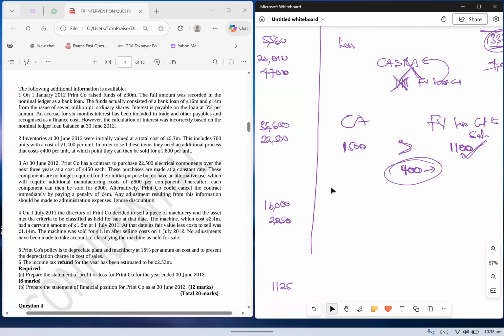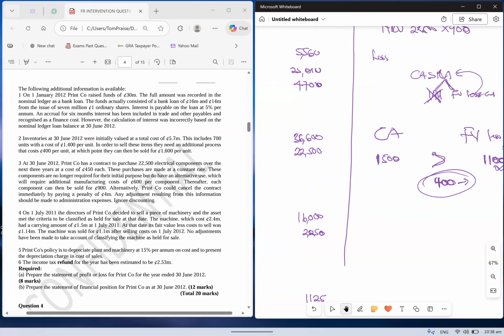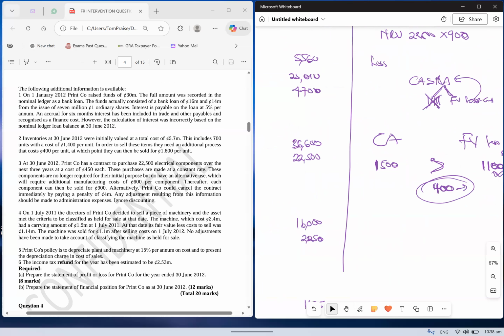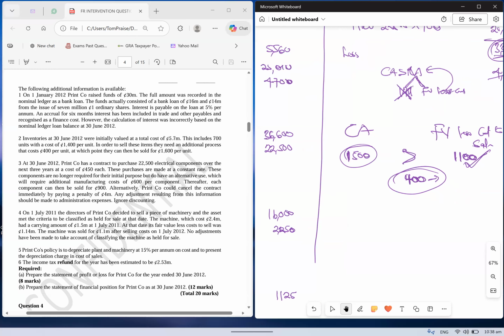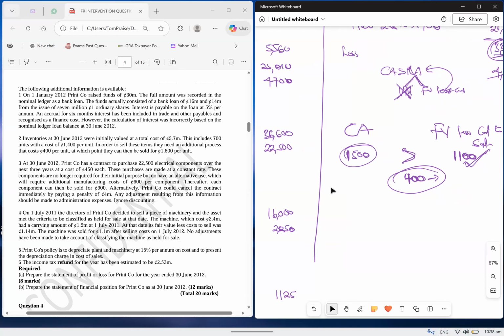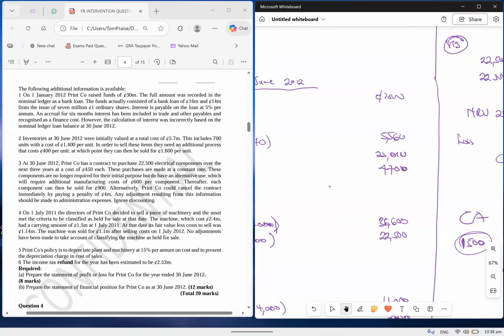Because this whole asset, the 1,500, we are going to take it away from our machinery, and to make the double entry complete, we take it out from our asset because the asset is no longer in use. We are classifying it as held for sale.